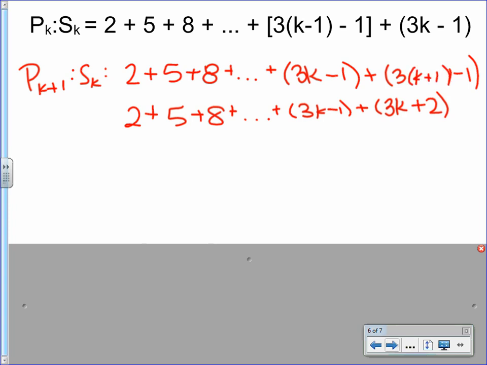Now what I want you to notice is what does this from here to here look like? Look at the very first line.